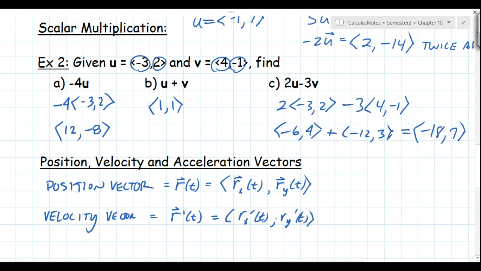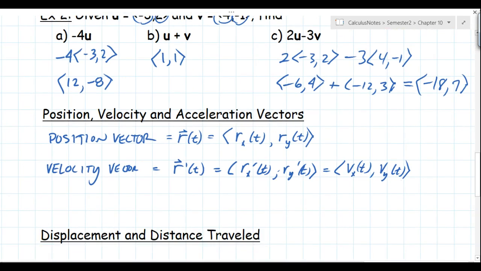I didn't need to put vector indicators at the top of those. Those are functions. So r sub x prime and r sub y prime gives us our velocity vector. We can also call that v sub x of t and v sub y of t. So we have our velocity vector, which could also be modeled using parametric equations.